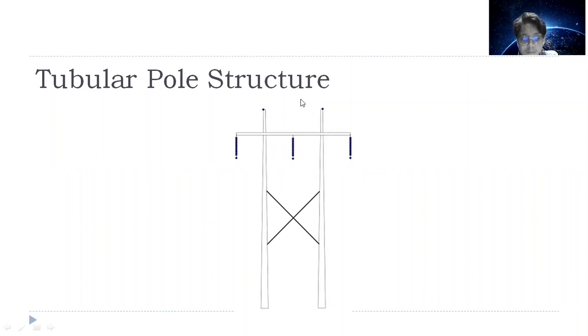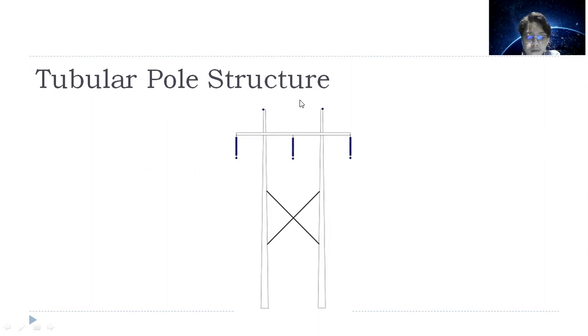The lattice structure can be erected easily, even in inaccessible places, and is effective. The main disadvantage of the lattice structure is that it requires more right-of-way. Right-of-way is the stretch of land acquired along the line, keeping the tower in the middle of the row.